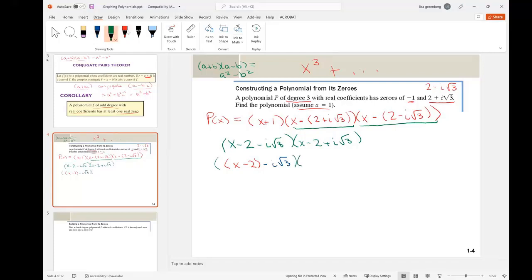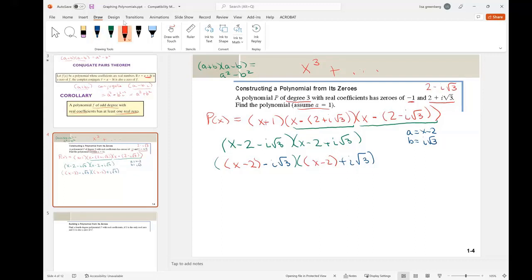And then again, I have x minus 2 plus I times the square root of 3. Now, notice if I say here that A equals x minus 2 and B equals I times the square root of 3, I actually have the difference of squares.